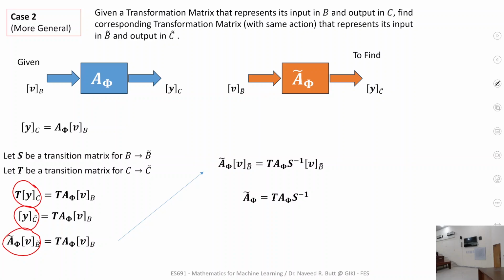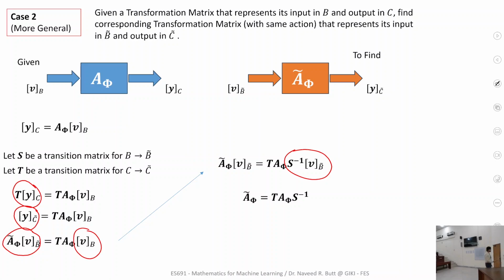Now the right hand side, this one, do you understand what step this was? What did I do to this? I replaced it with S inverse V B tilde. Why? Because S is from B to B tilde. I am going from, it's not the other way around, transition matrix for B to B tilde.